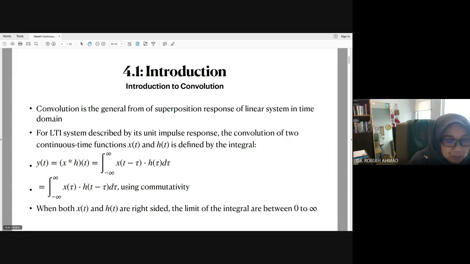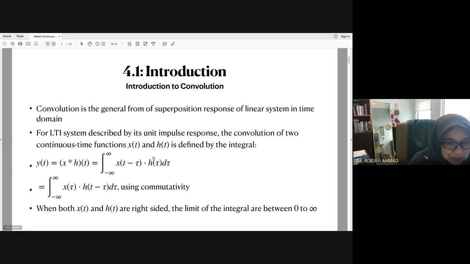So this is the formulation. Finally we have y(t) equal to the integral of the input with h, but either this h(t) or one of them has been transformed into the reversal as well as shift.